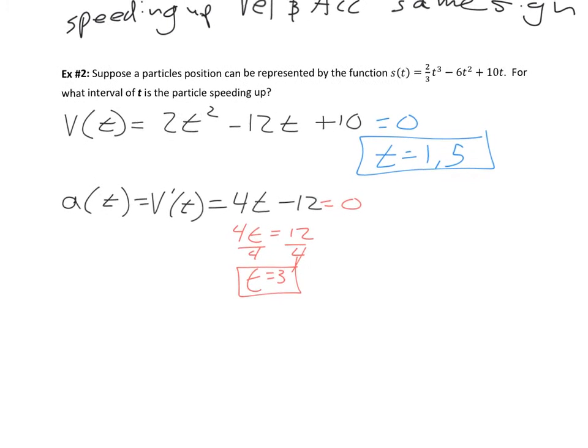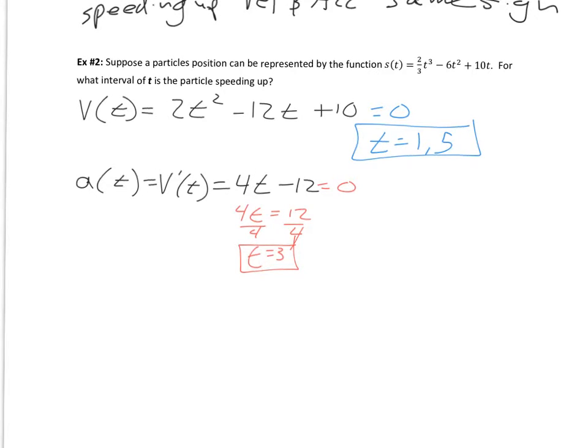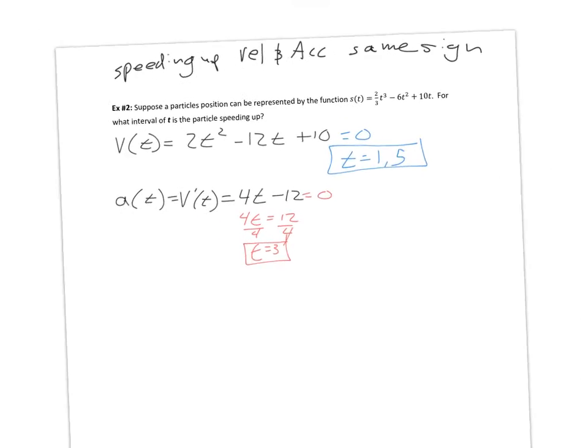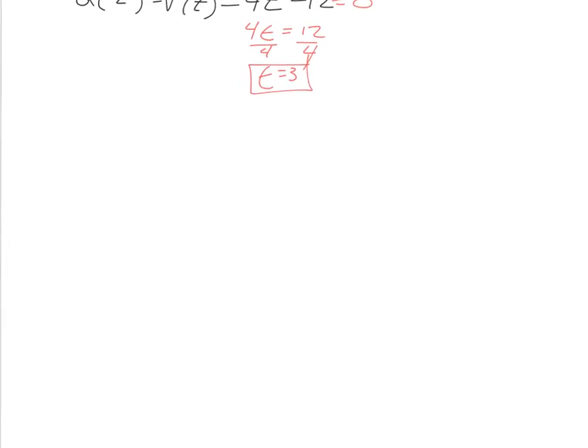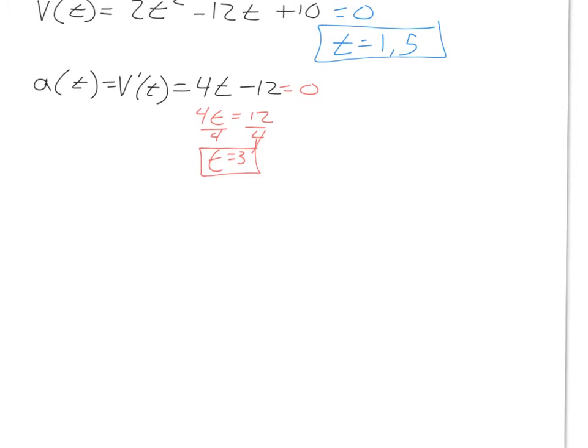They didn't give me a domain here other than we're obviously looking at points in time when t is greater than 0. So now when I make my chart, it's going to be a little bit more specific. I'm going to leave those values there and make this chart. So here's all my t values.